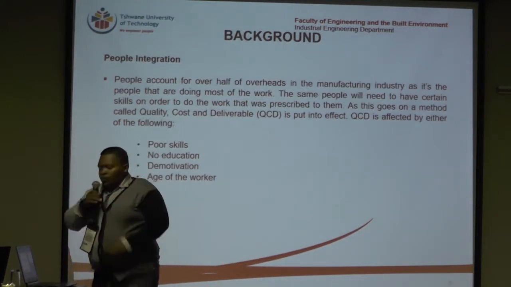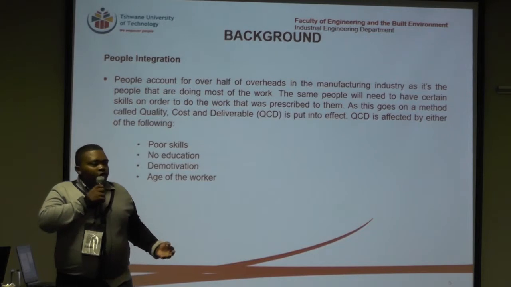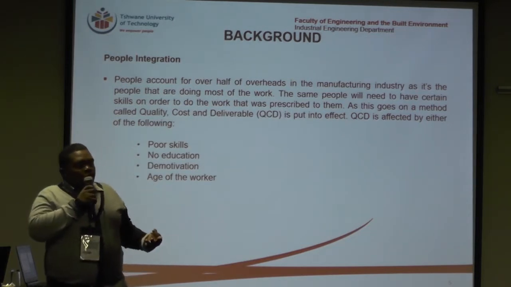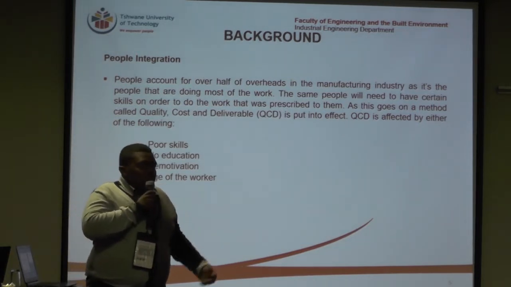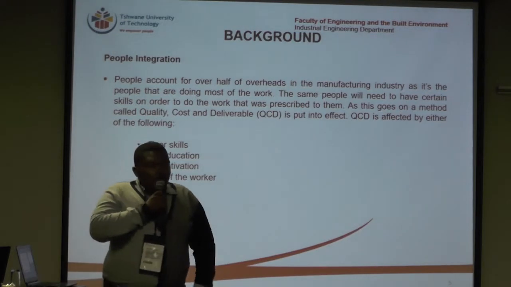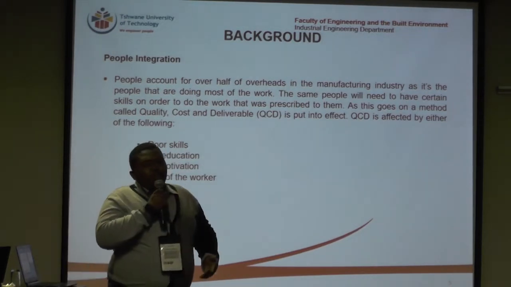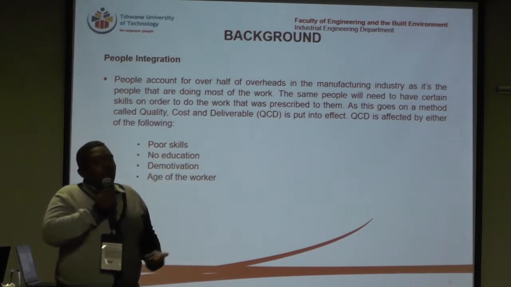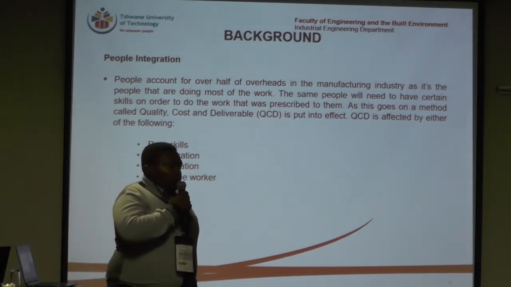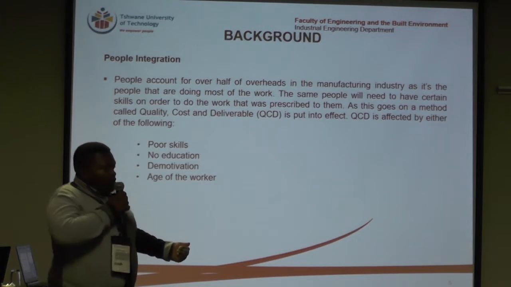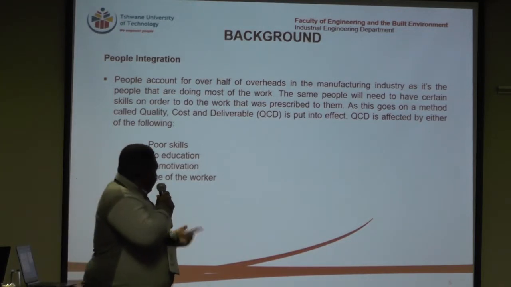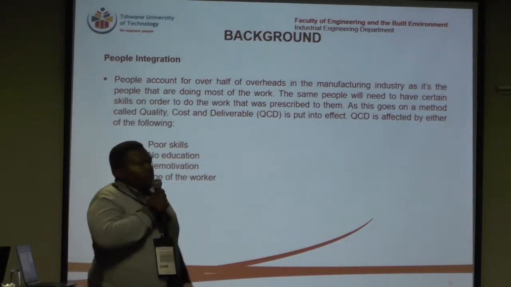Like I said, we look at three things: people, equipment, and layout. When it comes to people, we have challenges and opportunities: poor skills, no education, demotivation, as well as the age of the worker.